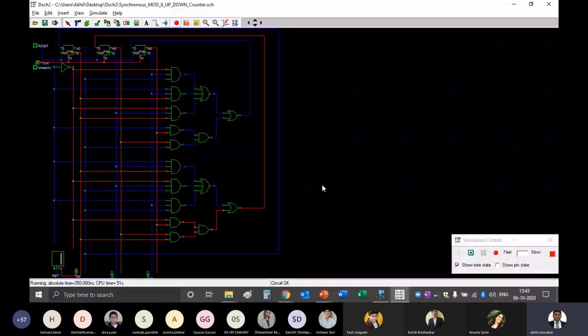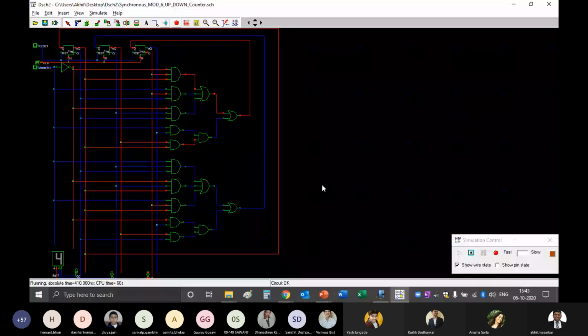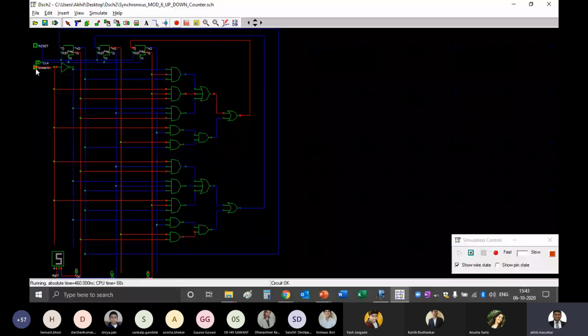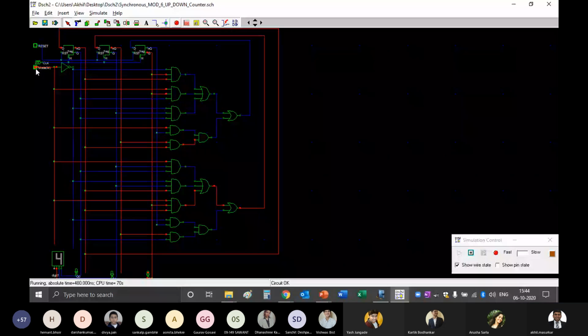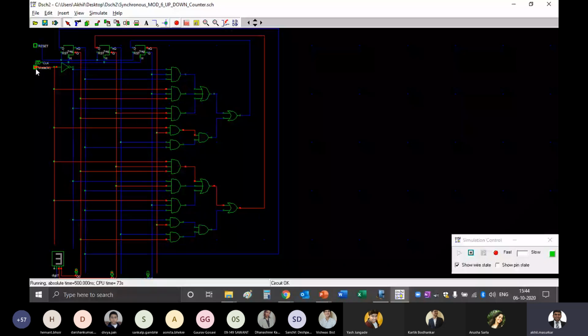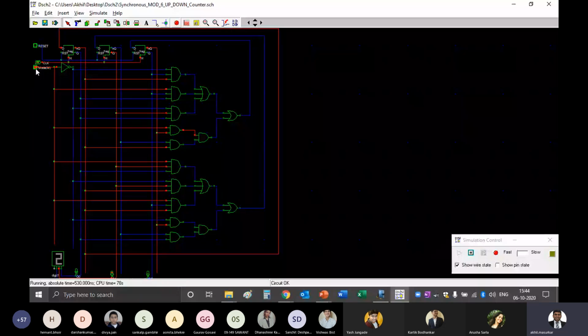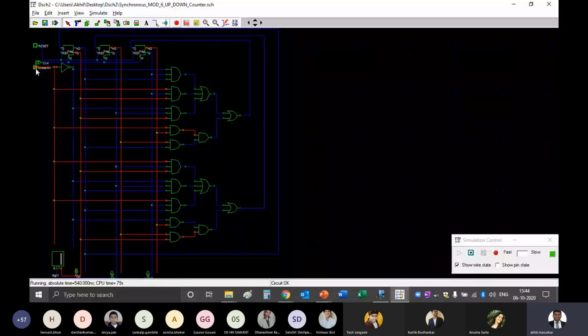Now if you want this to count down, then I will make mode equal to 1. Now you can see it is counting down. 5, then 4, then 3, 2, then 1, then 0, and after 0, 5.